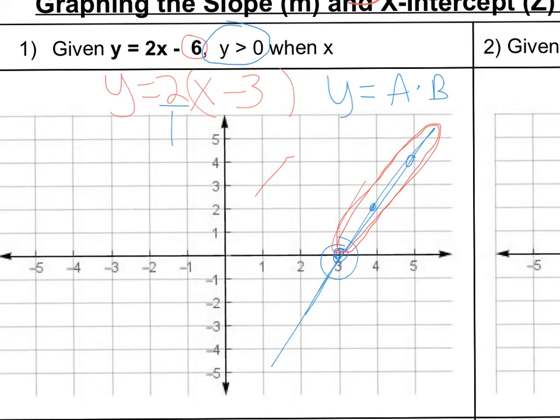So y is greater than 0 if x is to the right of 3. In other words, when x is greater than 3. That's when y is above 0. These inequalities in 2 dimensions are really incredibly important, and you're going to have to learn about this stuff.